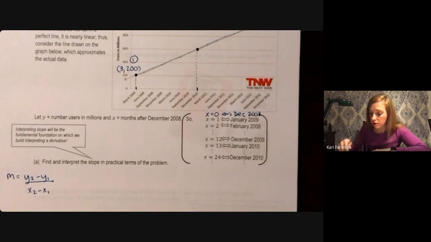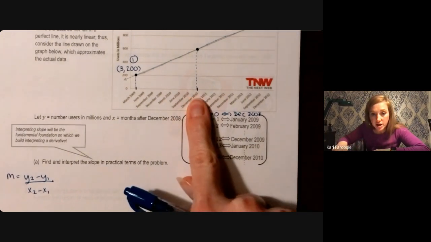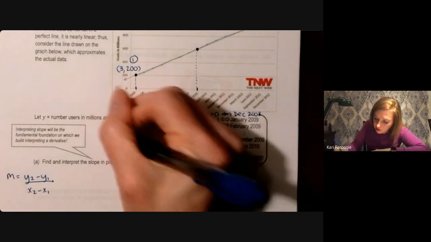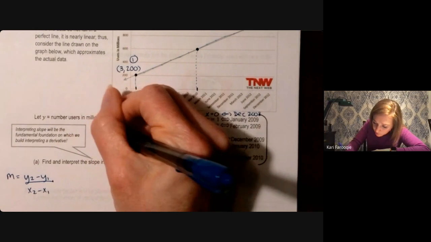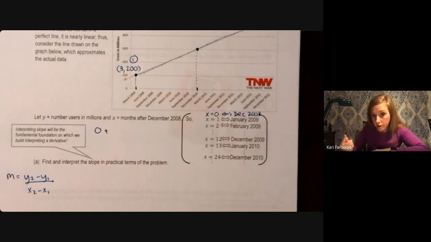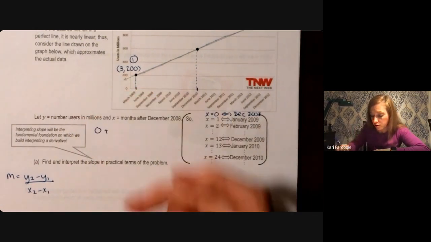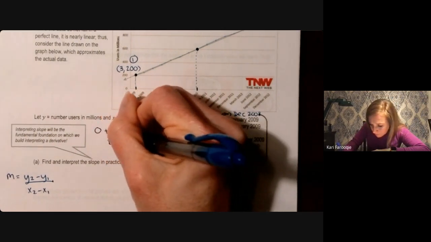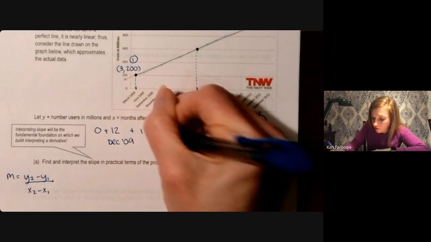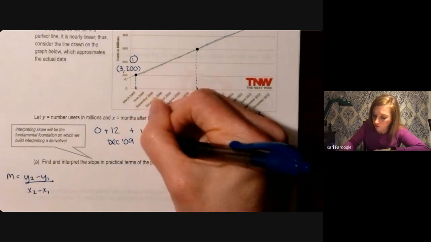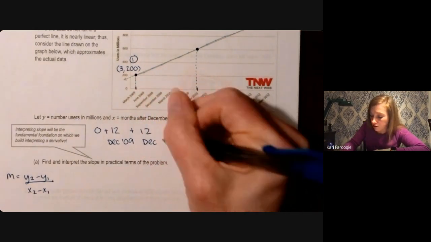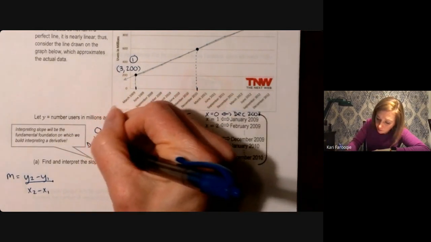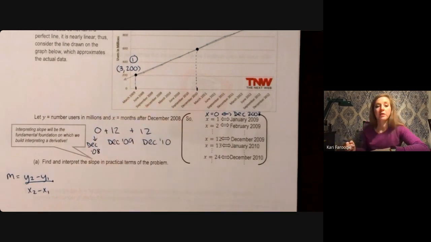So if I'm trying to get up to December of 2010, I take 0 plus 12 more months, which gets me up to December of 2009, plus another 12 months, which will get me up to December of 2010. So the 0 is the December of 2008.